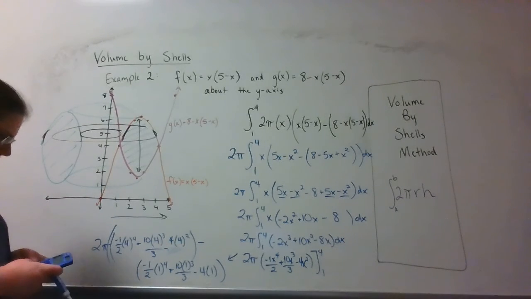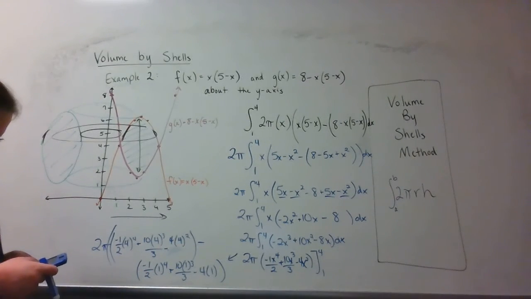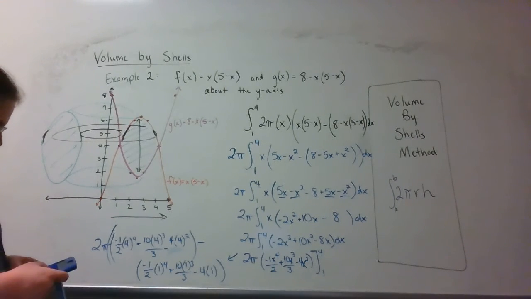All right, so I'm just going to type that all into my calculator real fast. So negative 1/2 times 4 to the 4th plus 10 times 4 to the 3rd over 3 minus 4 times 4 squared. And then I'm going to subtract the rest of that stuff. So negative 1/2.